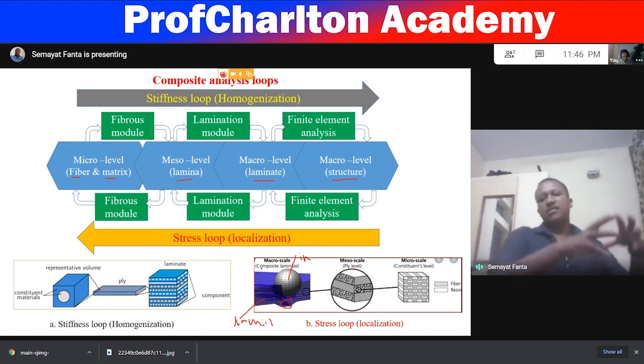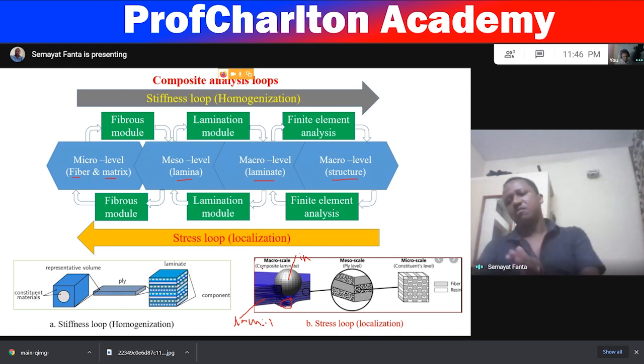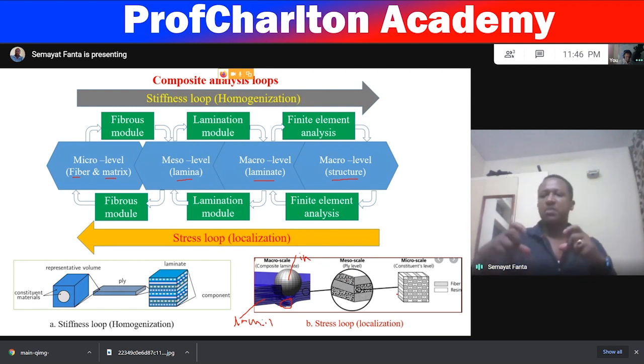From the structure level to the meso level, and then further to the local damage or the local deformation, to know what is the damage in the fiber, what is the damage in the matrix, that is, compressive damage in the fiber or matrix, or tensile damage in the fiber or matrix.